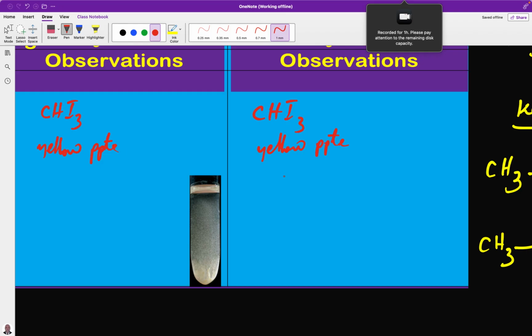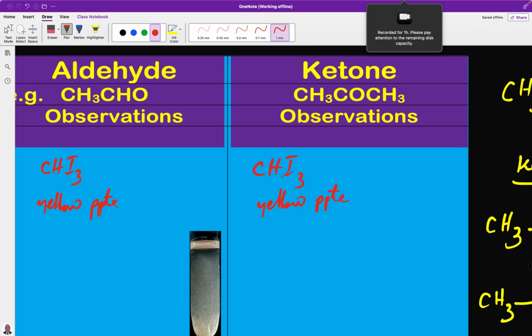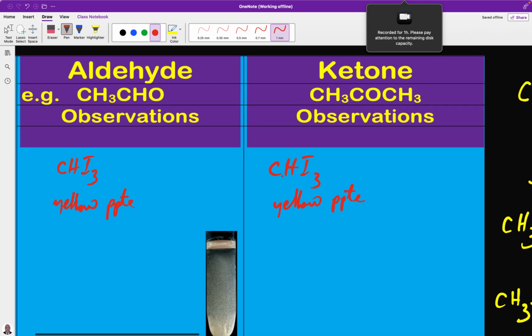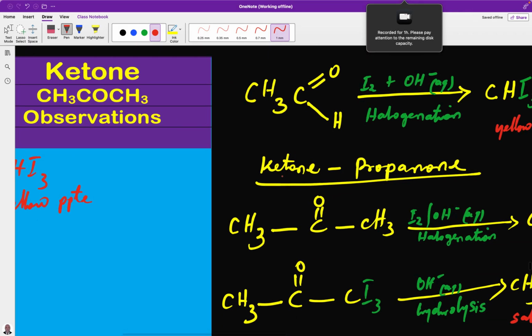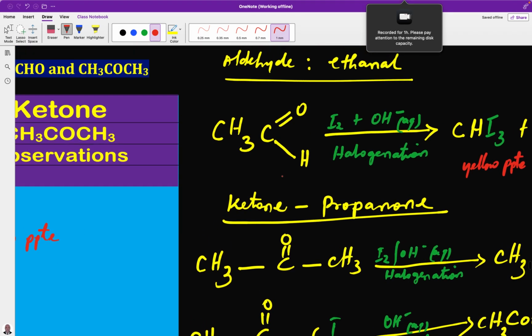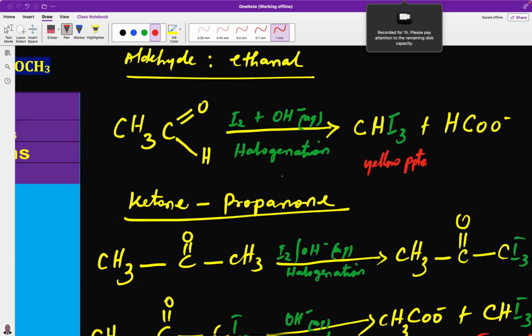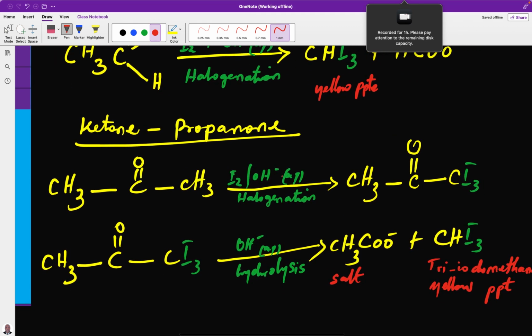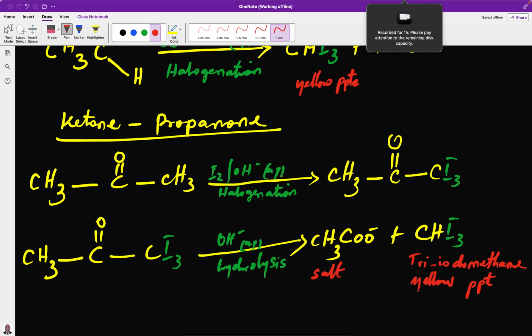So the two will give a yellow precipitate when reacted with this reagent. When the two undergo the iodoform test, they will form a yellow precipitate: yellow precipitate in the case of aldehyde, and yellow precipitate in the case of propanone.